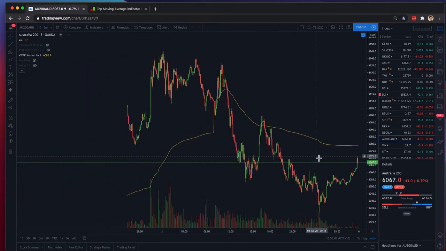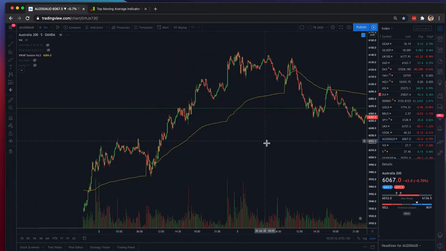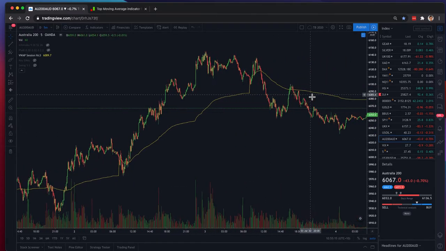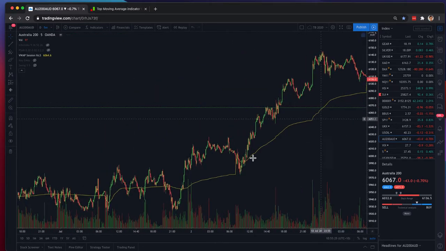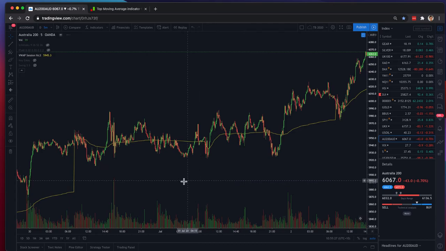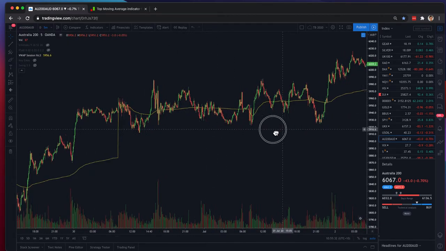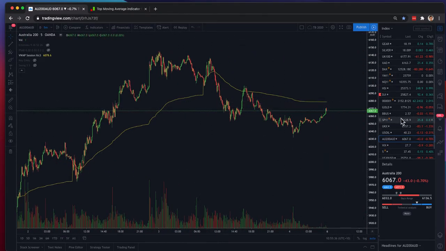So this is the Australian 200 futures, and what we can see here is ultimately the price likes to bounce or find support at the end of the day, or then drop back down again. You would buy below the VWAP line, or use it to get out. But basically it's another form of support and resistance.